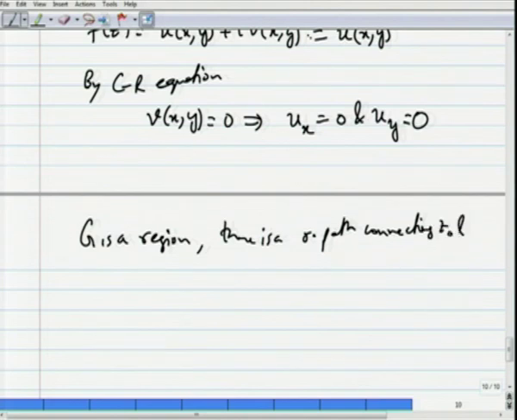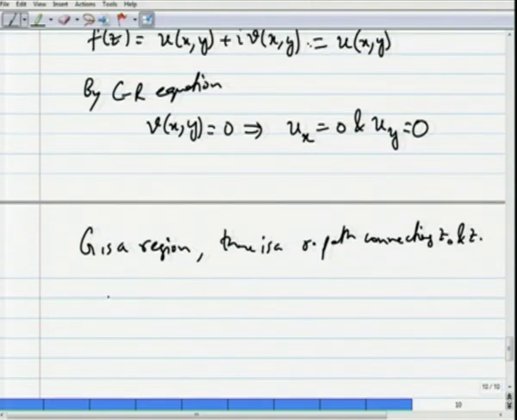z naught and z. So, using that rectangular path, you can try to recover u of x y by integrating along the line segments parallel to x axis.